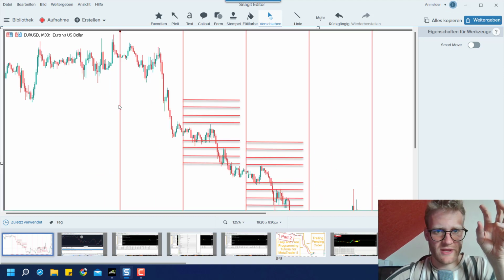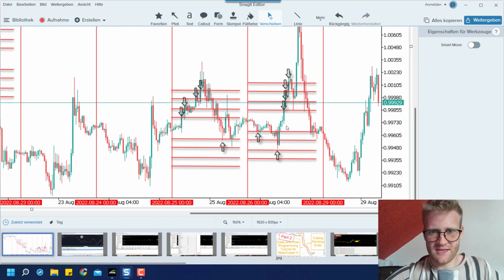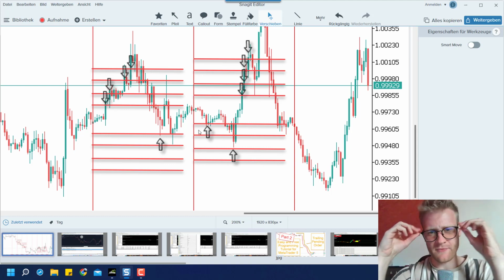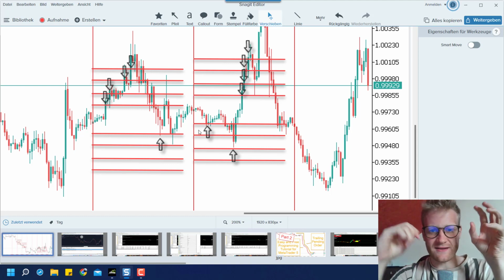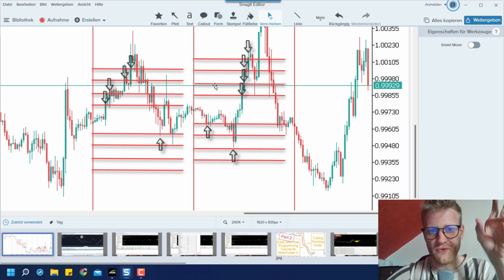For example, here, I hope that you can see my cursor here. We have the starting point for this day here, and then the price goes down and up and down again pretty much. And one idea that I had in my mind is that we could pretty much trade a grid pattern of orders.